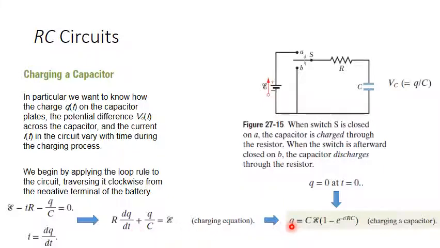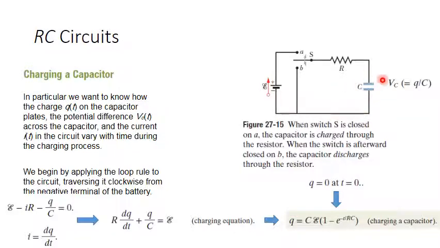We find out Q equals C multiplied by the electric potential E multiplied by 1 minus e to the power minus t over RC. e is the natural number, 2.73 something, a fixed constant number. And t here is the time, and RC is the multiplication of the values R and C.